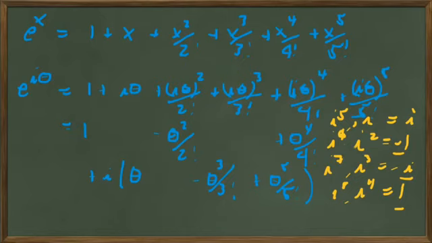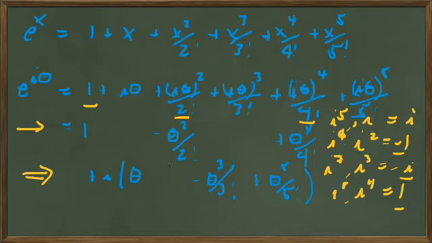And now we're going to separate it out into the part that does not have an i in it and the part that does have an i in it. These even powered terms, because i squared is minus 1, do not have an i in them. i to the fourth is 1, so it doesn't have an i in it either.